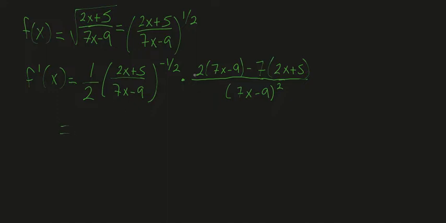We can simplify a few things. Since the exponent of this quotient is negative, we can flip the quotient and turn it positive. We will have half. We know that an exponent of half is square root. So this will be the square root of the reciprocal of the inside.